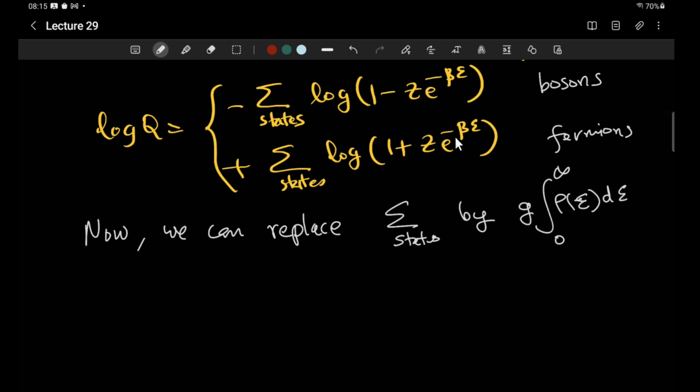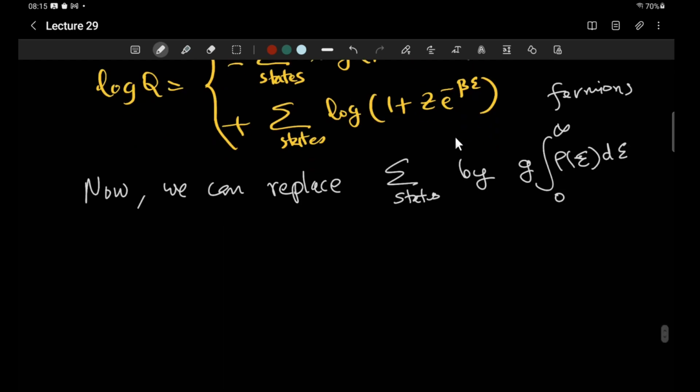So this is a semi-classical computation which we just did. Rho we just wrote out there. So we get log of Q equal to, okay.